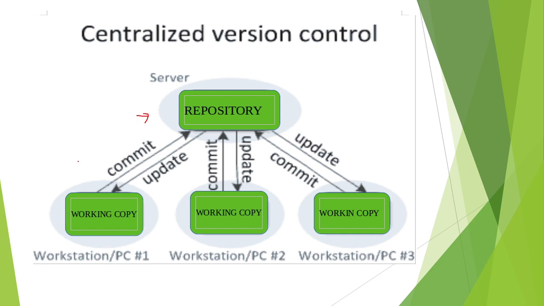Person 1 has done some changes in the software and has committed to the repository. Now, all the commits or changes are updated to the repository, but person 2 doesn't know about the changes. So what he will do, he will update his local repository by downloading the changes.